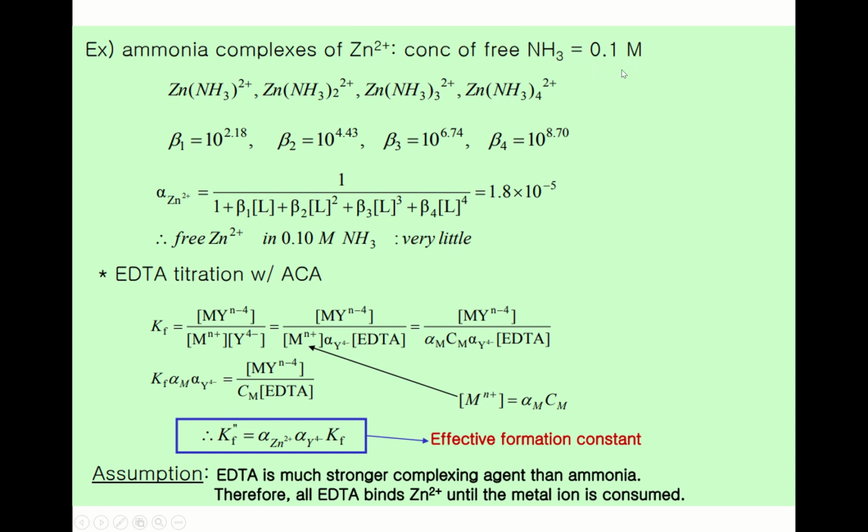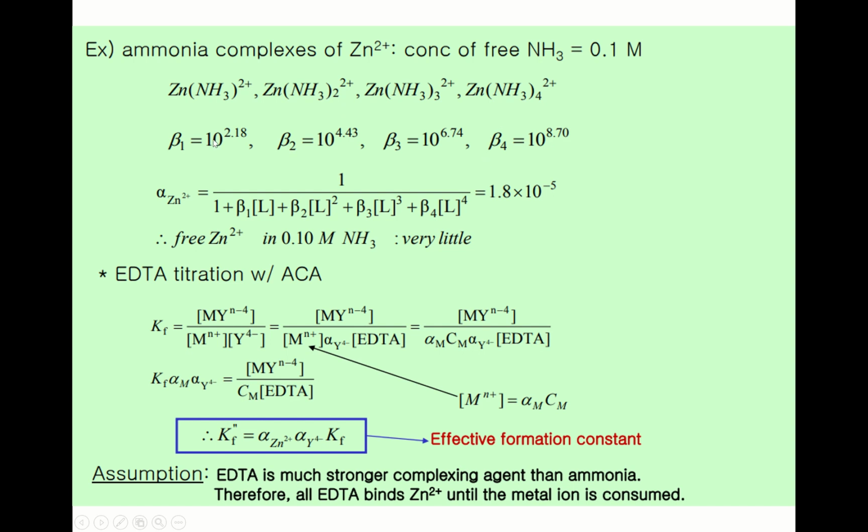Wow, this is a rather high concentration, and this ammonia makes four different types of complex with zinc ion: the zinc monoammonia complex, the diammonia, the triammonia, and the tetraammonia. So the zinc ammonia complex exists in four different forms.